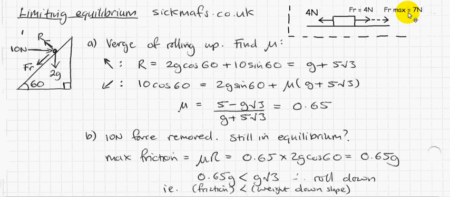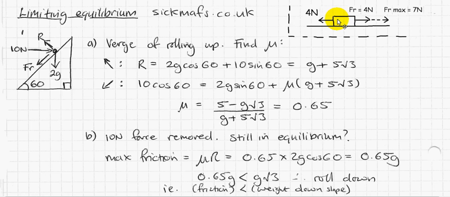Frictional force is a counteracting, balancing force. If you have 4 newtons of force one way, you can get up to 7 newtons going the other way, but it only balances the amount of force going that way. So you're only going to get 4 newtons to balance it.